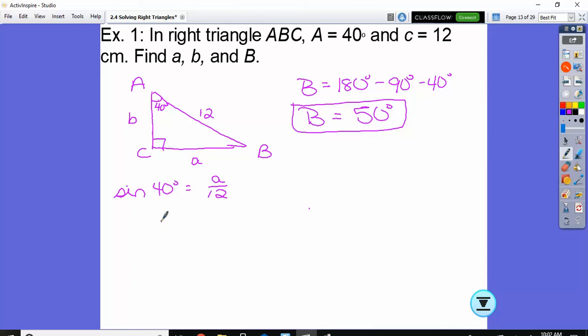Sine of 40 equals A over 12. Do we know the sine of 40? Is that one from our hand trick? No, so we will use a calculator here. But I don't want you rounding in the middle steps. So I don't want you to plug sine of 40 in and get an answer yet. What would I have to do to get A by itself?